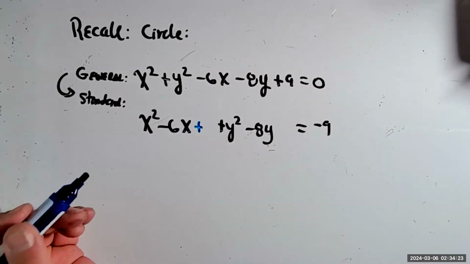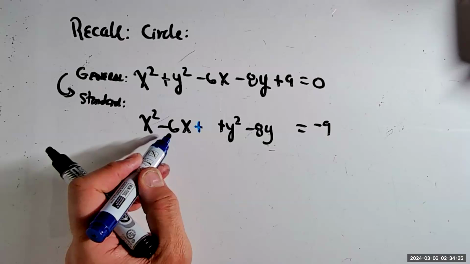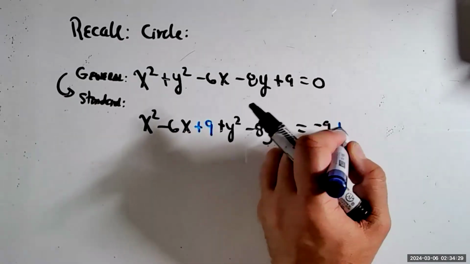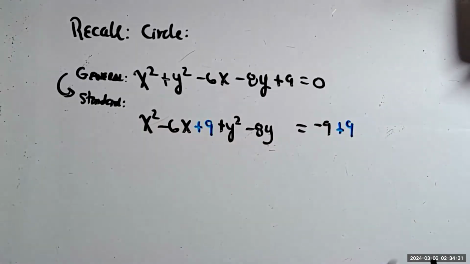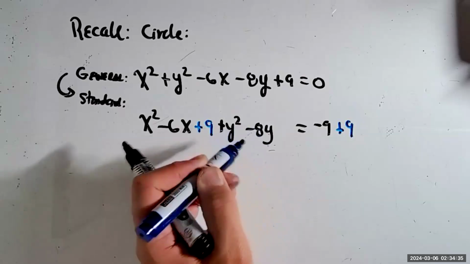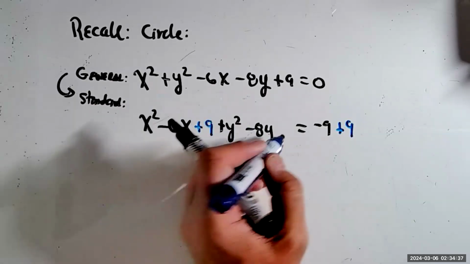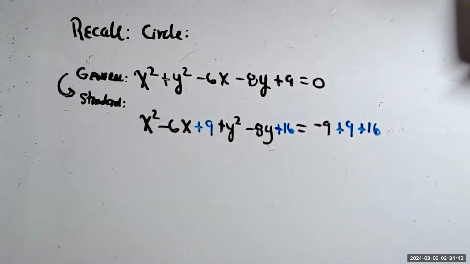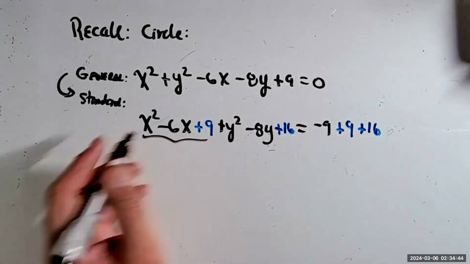We add half of b, squared: half of negative 6 is negative 3, and the square is 9. If I add 9 to the left, I better add 9 to the right. And we repeat the process with the 8. Half of negative 8 is negative 4, the square will be plus 16, plus 16. This is a perfect square trinomial.